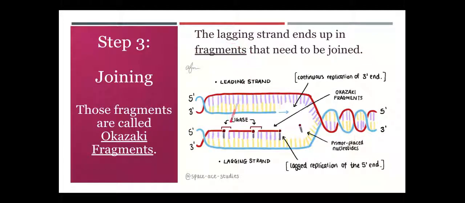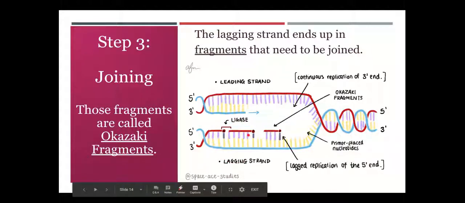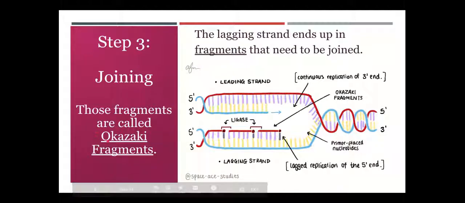These fragments on the lagging strand need to be joined in order to finish DNA replication. We call these fragments Okazaki fragments. They are named after a scientist with the last name Okazaki who discovered that these fragments existed and that the lagging strand was synthesized slightly differently than the leading strand.